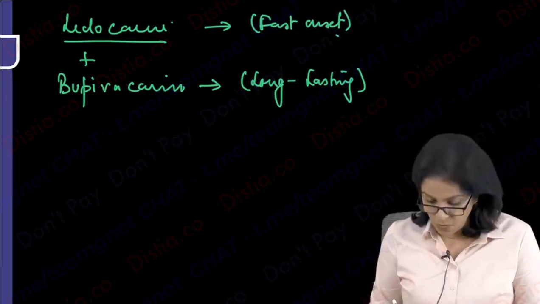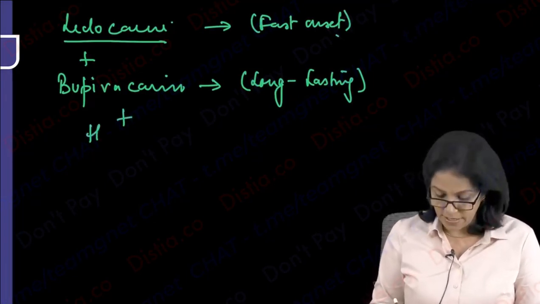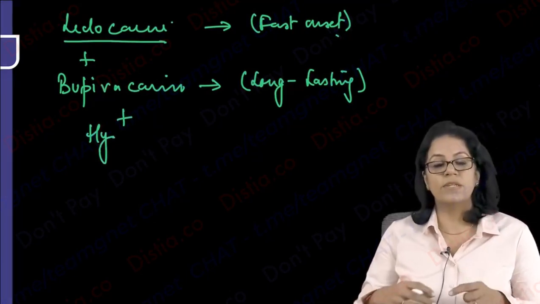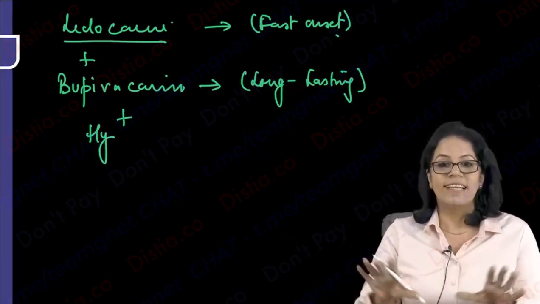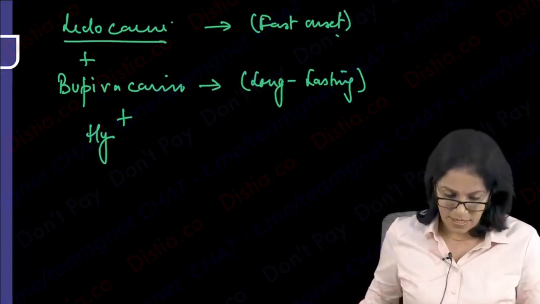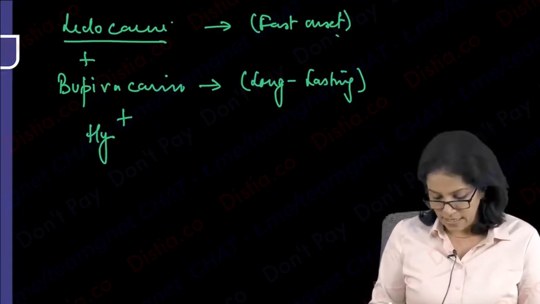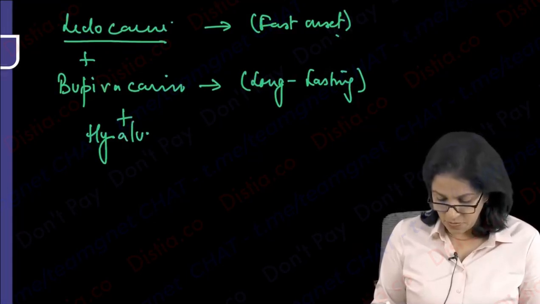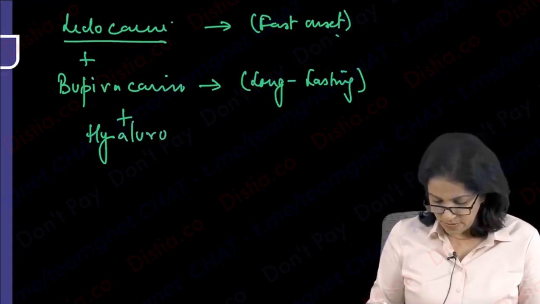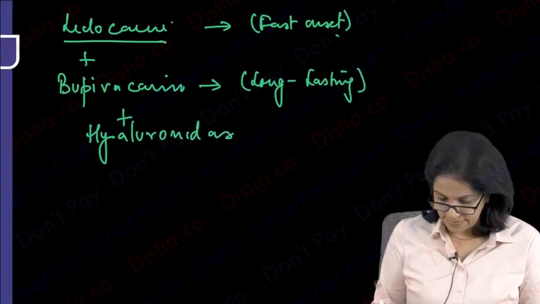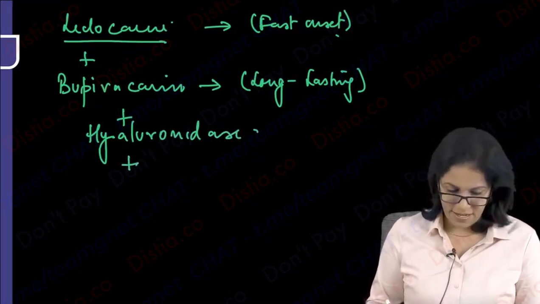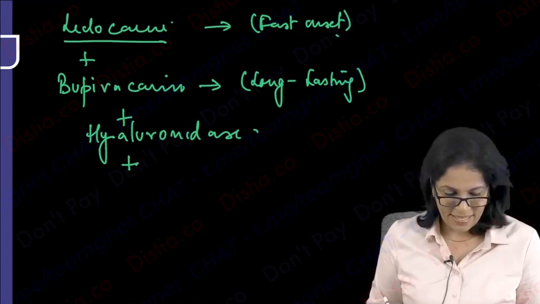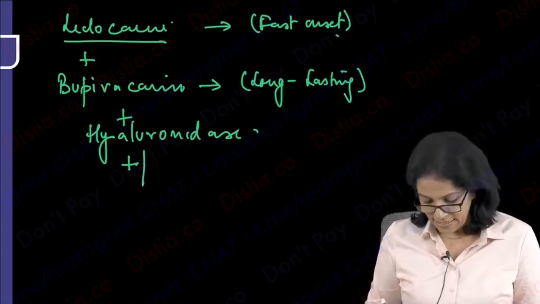And along with that, of course, I can mix in hyaluronidase, because hyaluronidase helps in spreading the anesthetic through the tissues. So hyaluronidase can also be given, with or without adrenaline. We can add adrenaline.